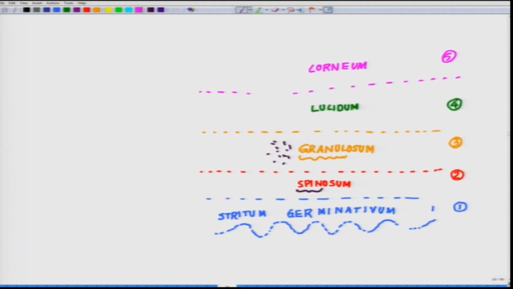Now we will discuss each one of these layers in detail, which is essential for you. The lowermost layer forms the epidermal ridges, as I have already mentioned, and this increases the surface area. The cells here anchor to each other by hook like projections called hemidesmosomes.